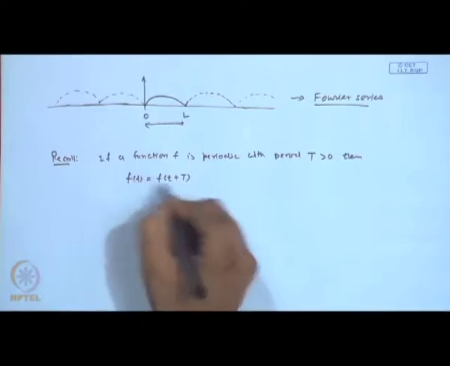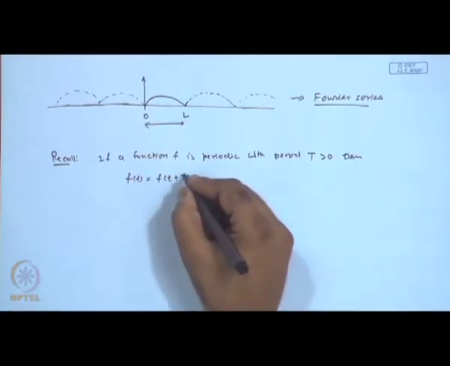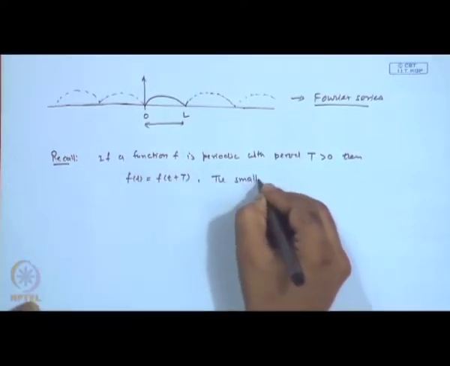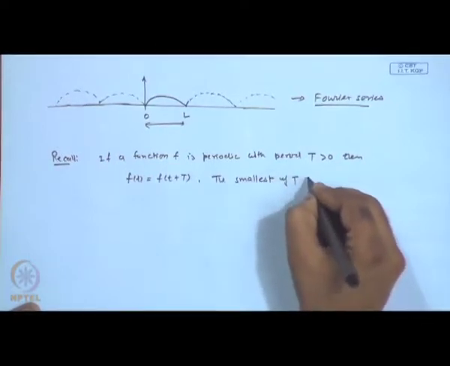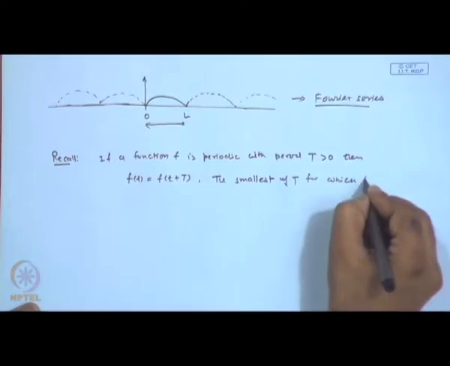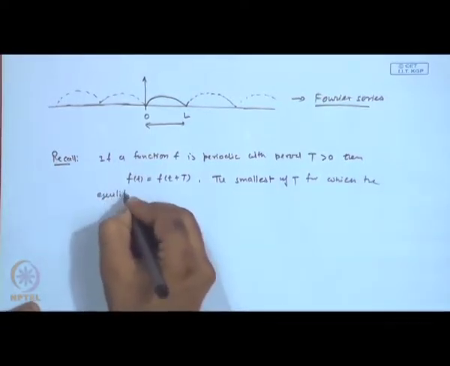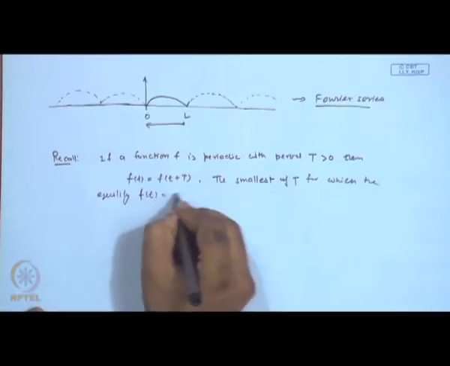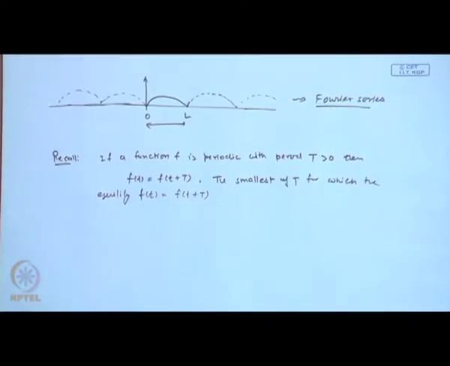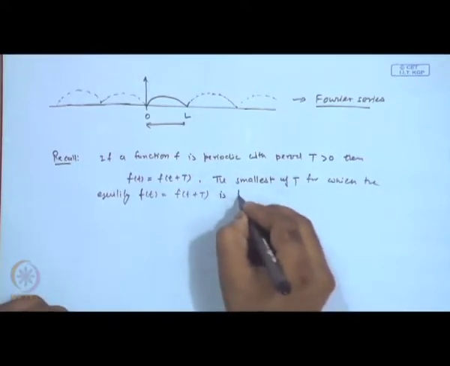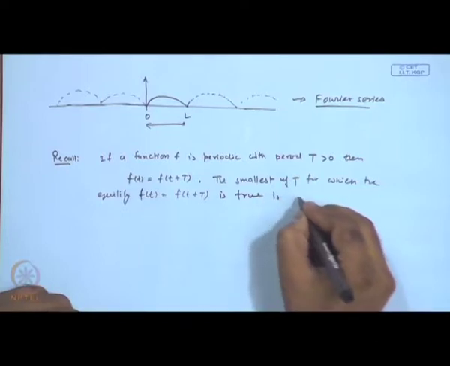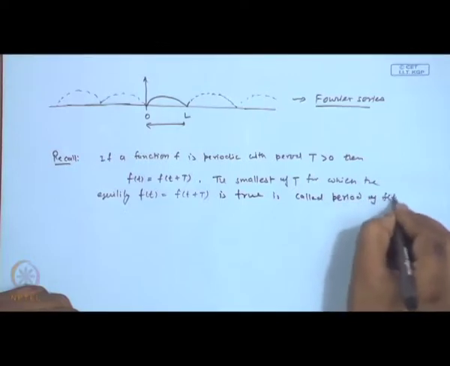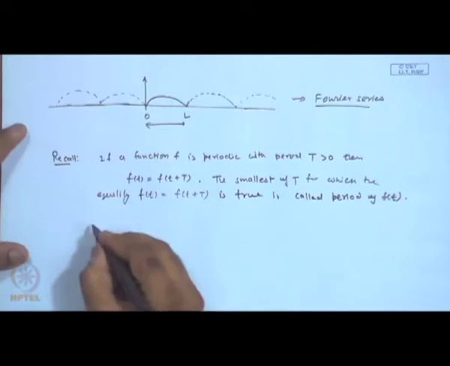So, the function value is again the same after this period capital T, and the smallest T for which the equality f(t) equals f(t plus T) is true is usually called the period of f(t).